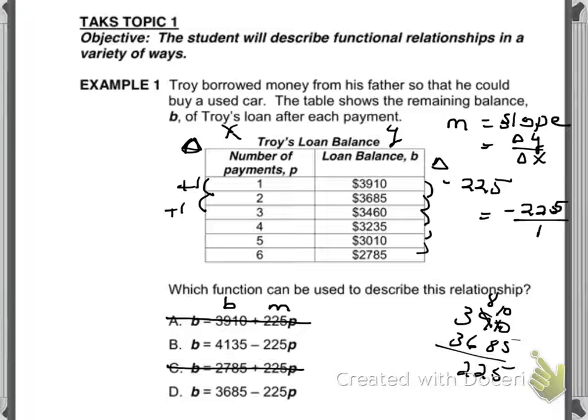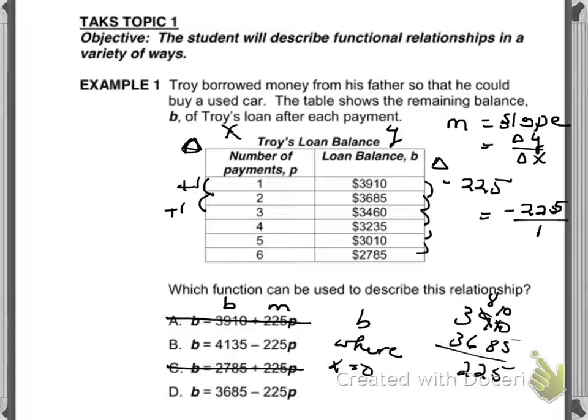Now we want to know the y-intercept, which is going to be where x equals 0. So B is going to be, remember, B is where x equals 0. Well, that would be the point up here at where x is 0.